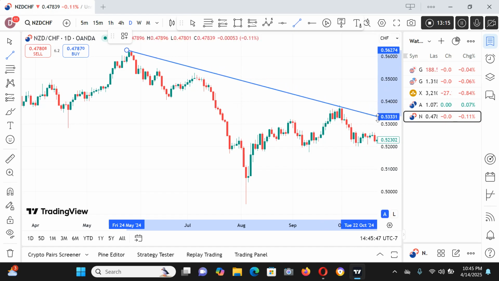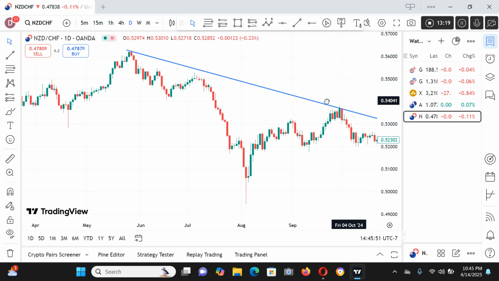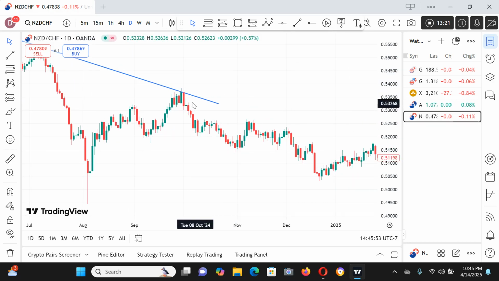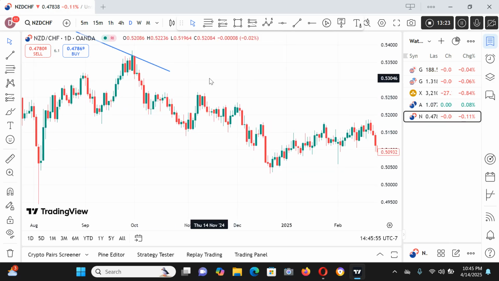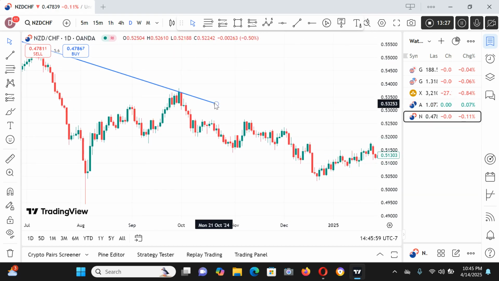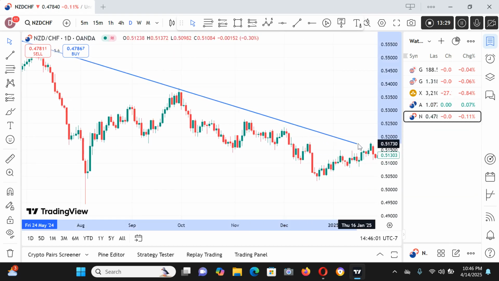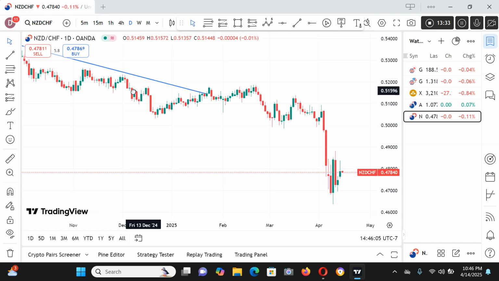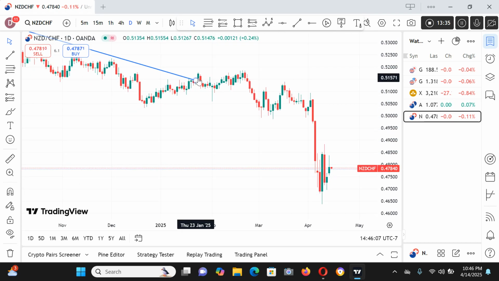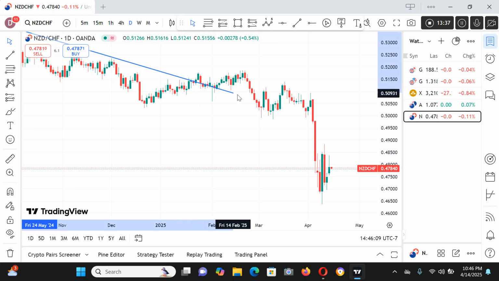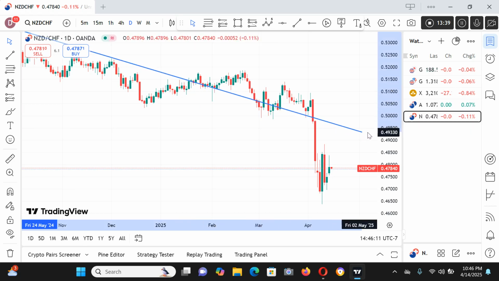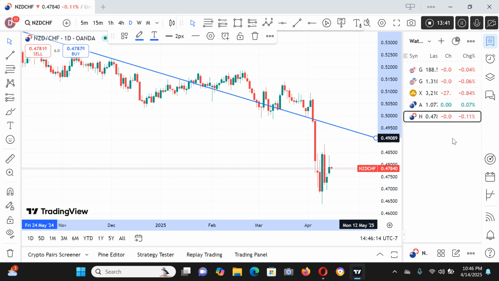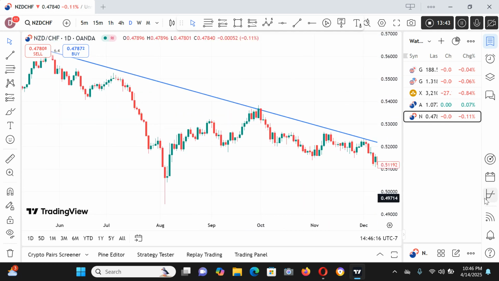We extend it downward to the future to get a very perfect trend line. This is NZDCHF.